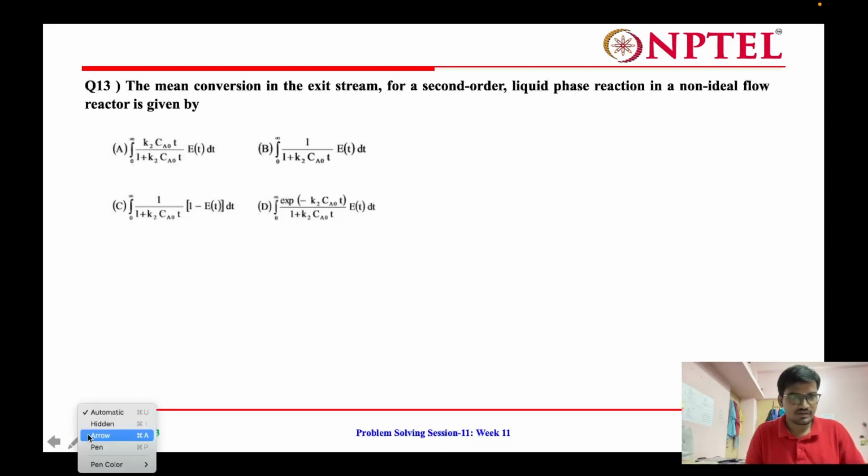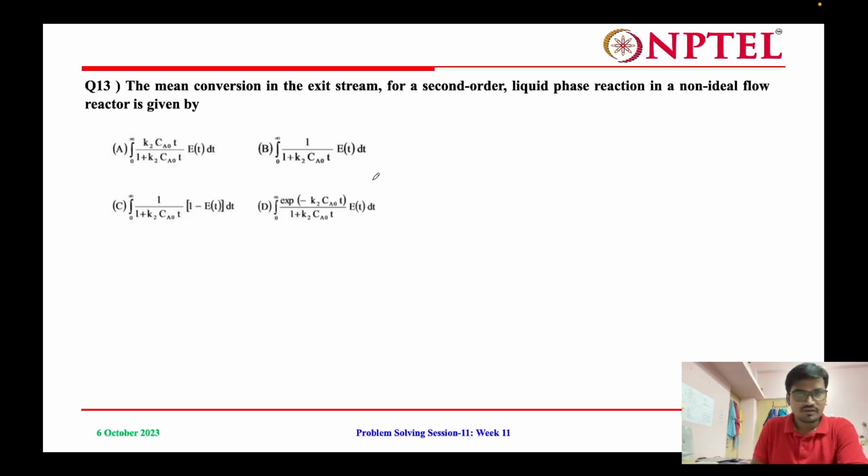Now question number 13. The mean conversion in exit streams for a second order liquid phase reaction in a non-ideal flow reactor is given by. So we have to calculate the mean conversion, right?